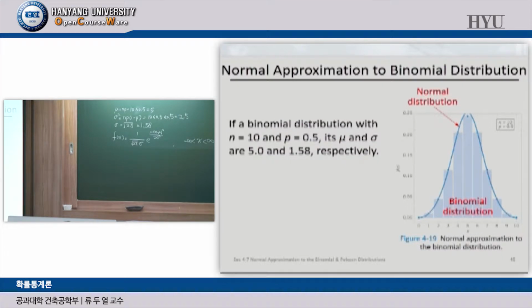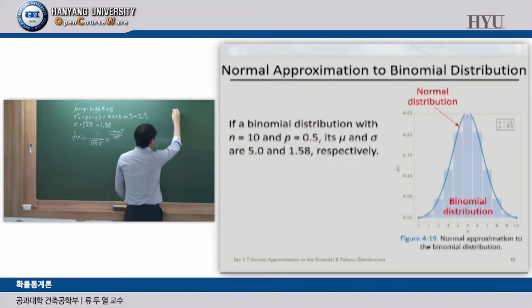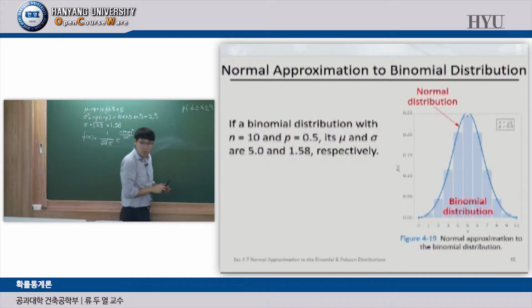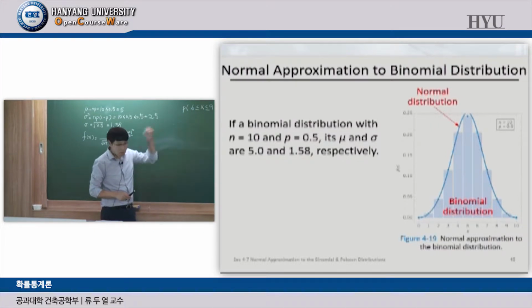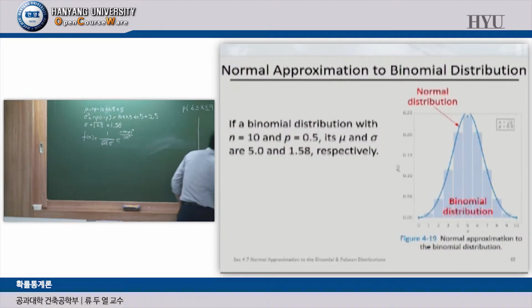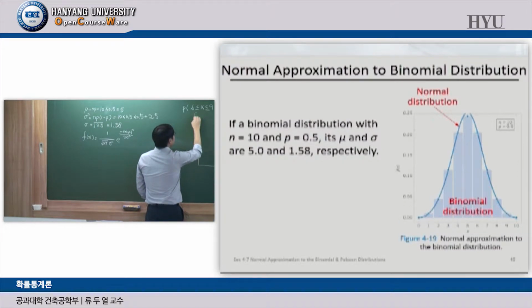For example, we want to obtain the probability of X when X is between 6 and 9. We are going to calculate this probability. This is the random variable, and this is the probability mass function for the binomial distribution and also the probability density function for the normal distribution.